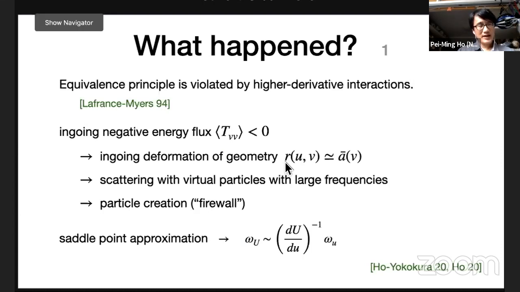Basically, we have the ingoing active energy, which gives you a V dependence in the background geometry. And then the higher derivative interactions break the equivalence principle, allowing you to evolve from the vacuum state to a non-vacuum state.